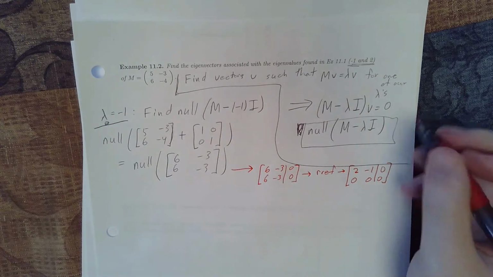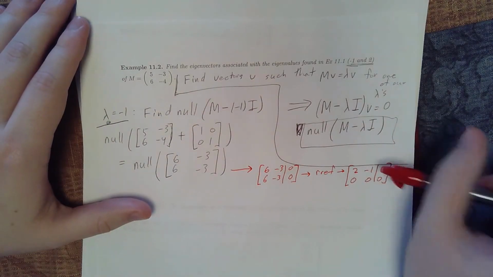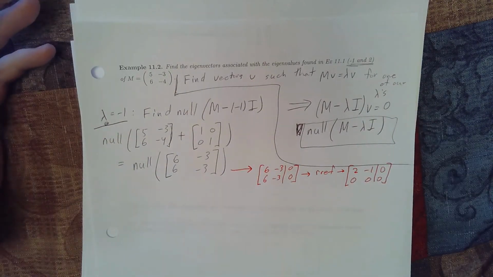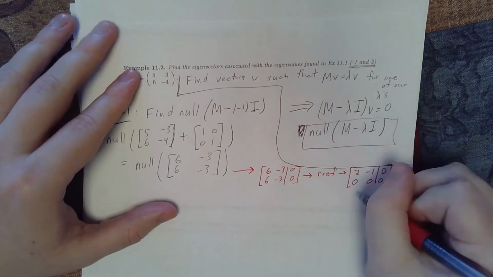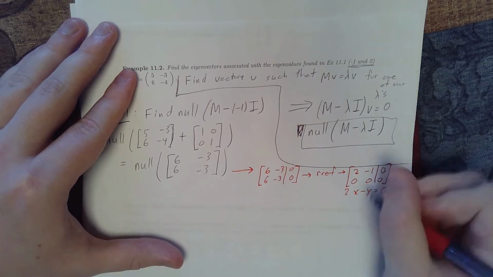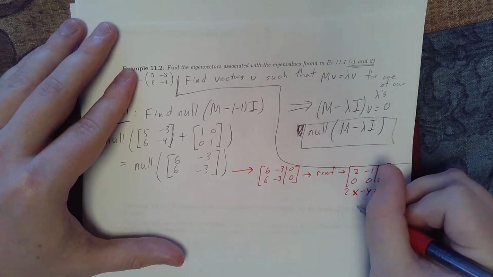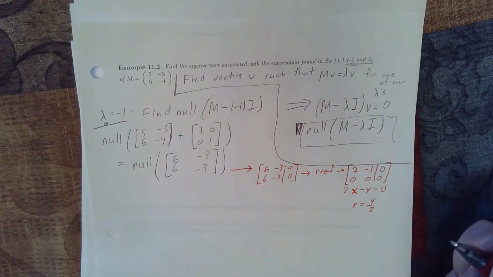Or at least it could be that we have a 1 here instead and a negative a half, but it's a little messier to work with. So this tells us that 2x minus y equals 0, or in other words, we can solve for x and we get that x equals y over 2.